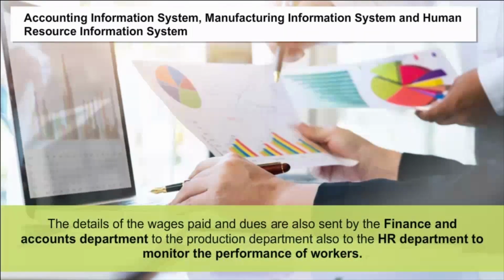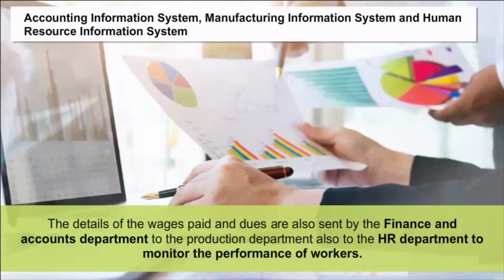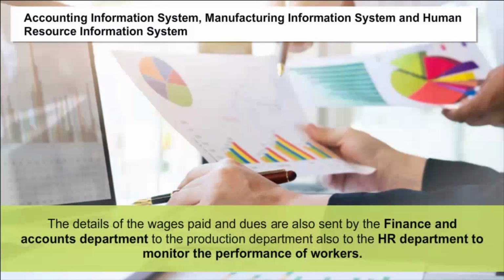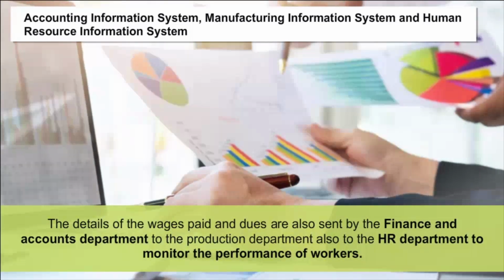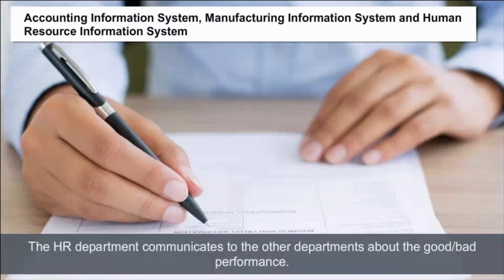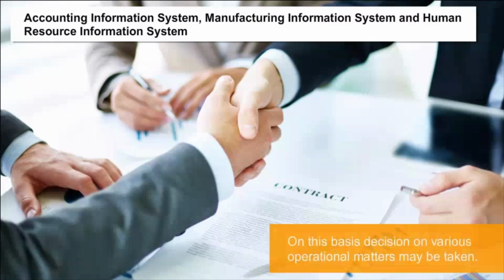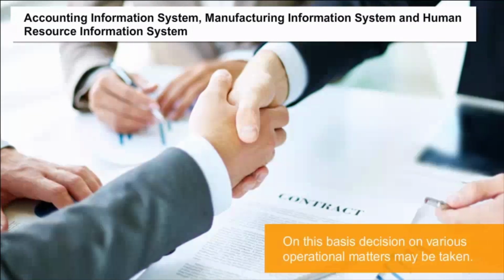The details of the wages paid and dues are also sent by the finance and accounts department to the production department, and also to the HR department to monitor the performance of workers. The HR department communicates to the other departments about the good or bad performance. On this basis, decisions on various operational matters may be taken.